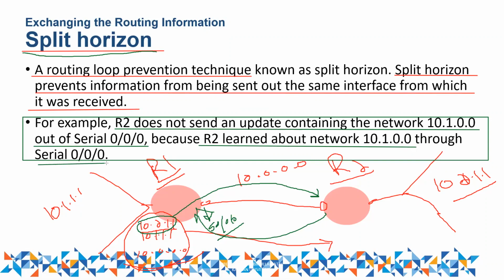So it means if a router learns the information on a particular interface, it will not share that information back on that interface. Is it clear? Okay. Yes, sir.